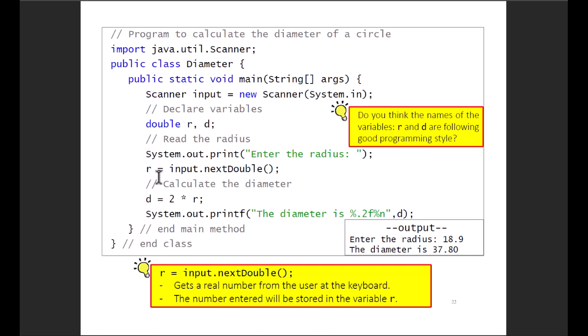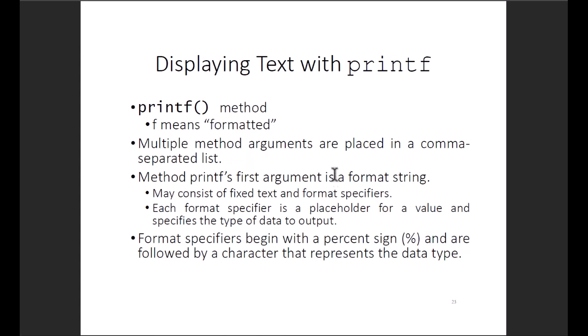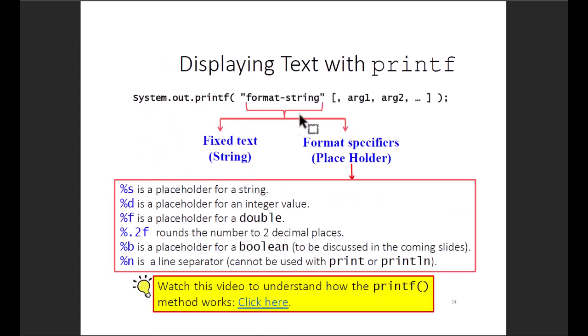This is the example for the radius and diameter using printf. Now the terms R and D are a little bit confusing, so anyway, read it. Printf, and the format string followed by commas, then arguments separated by commas.